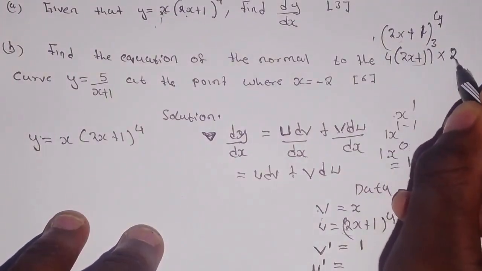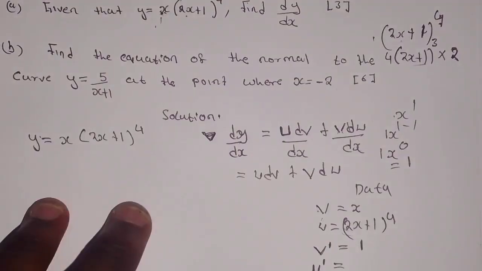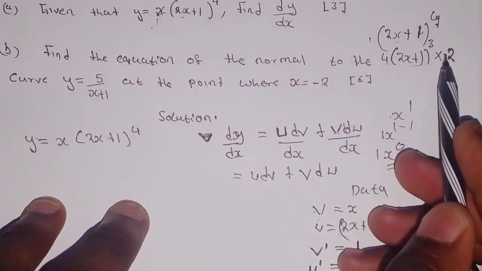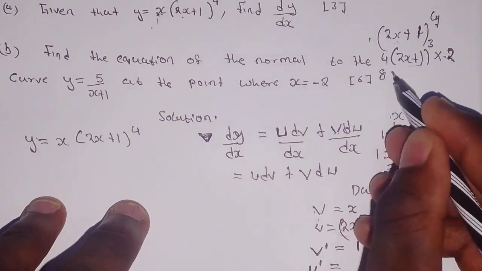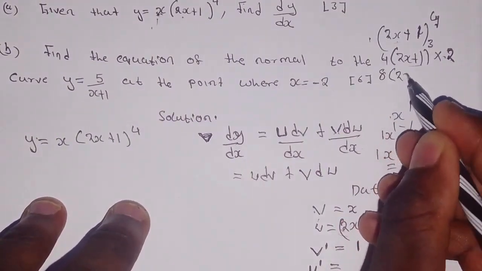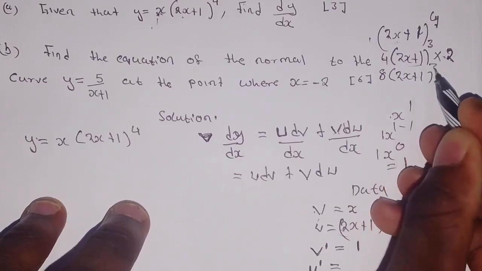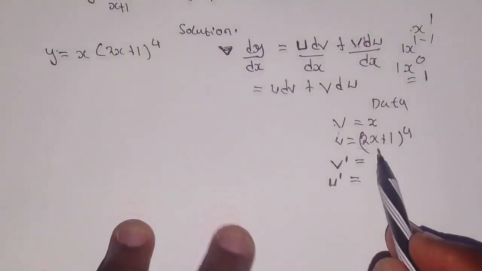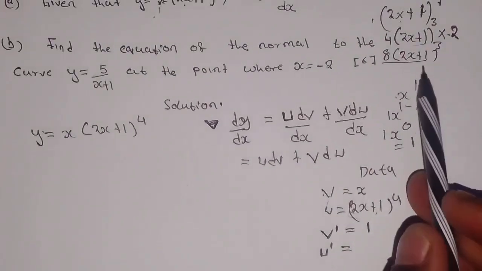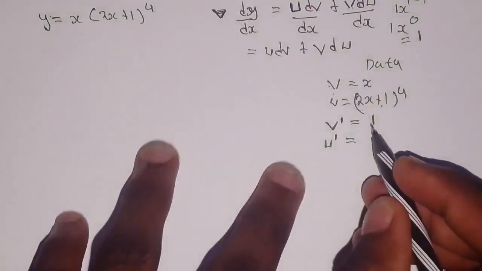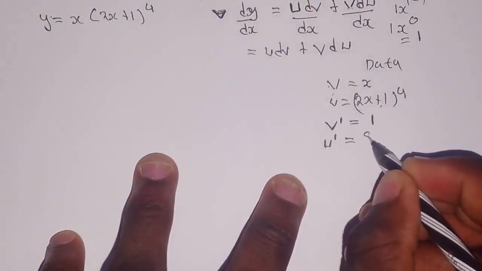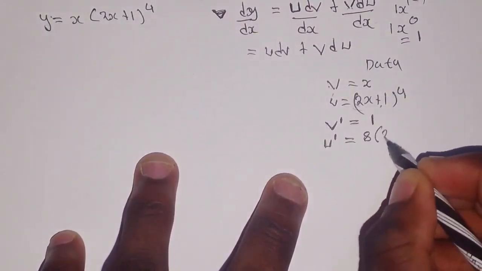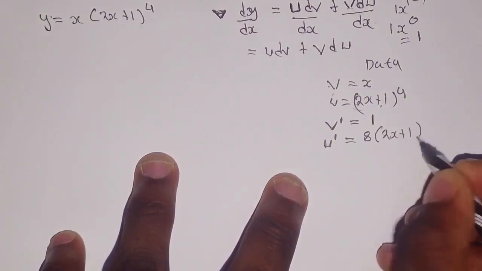Then you just multiply 2 by this, so we have 8(2x + 1)^3. This is the differentiation of our u.